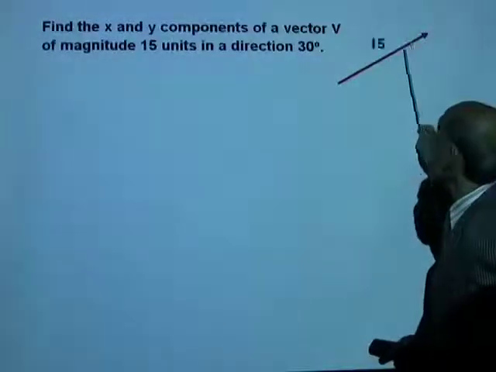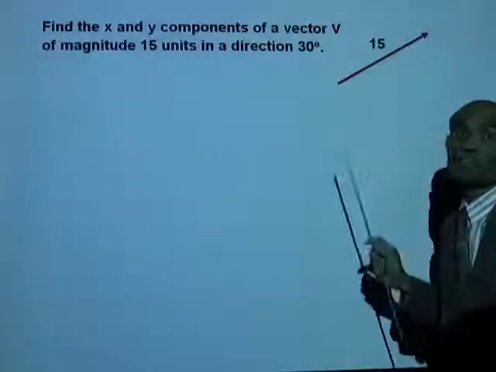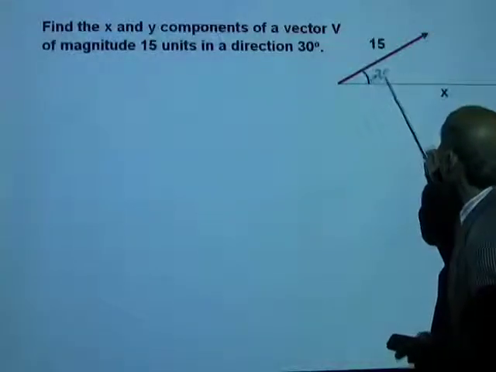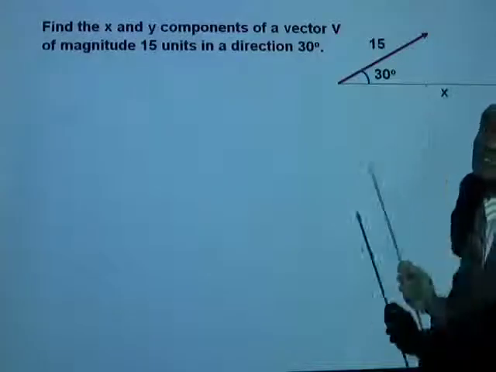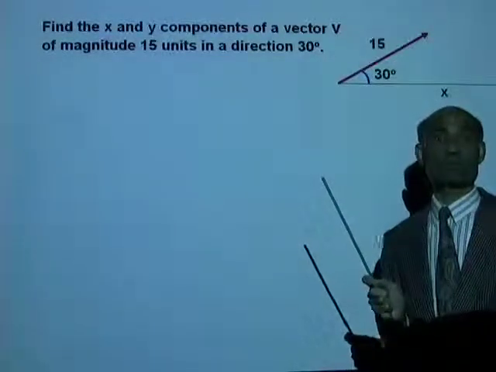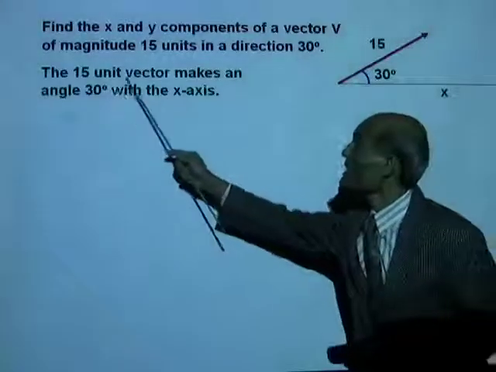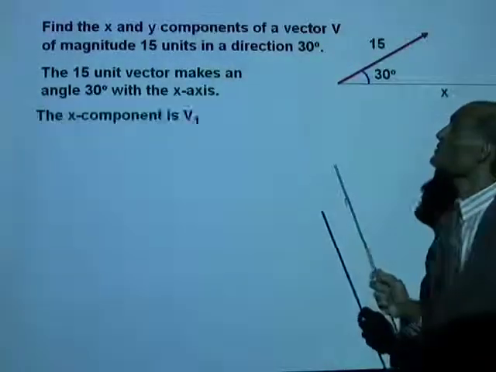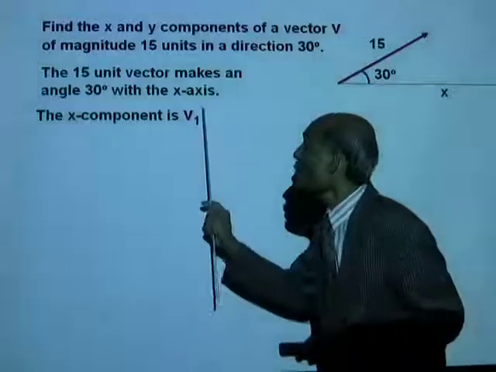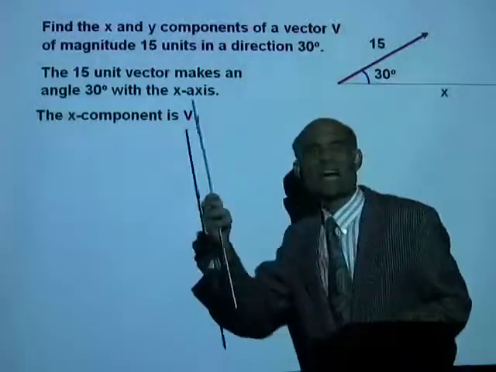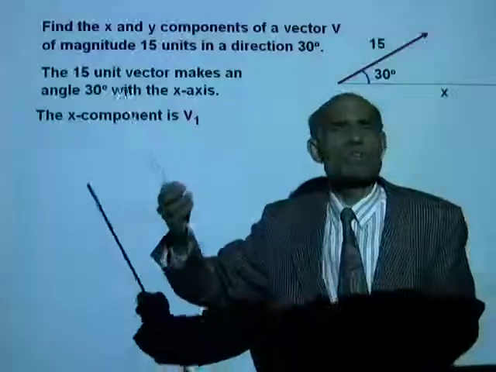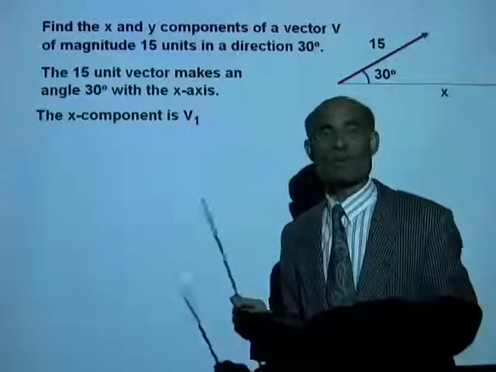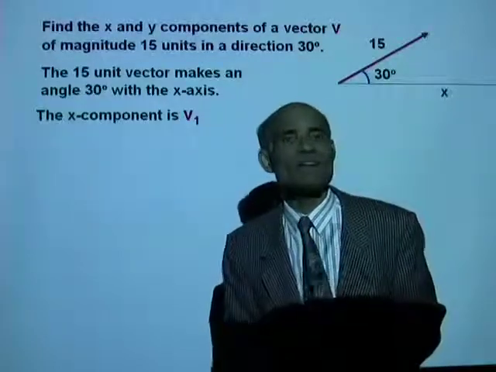This is our vector of magnitude 15 units, and it makes an angle 30 degrees with the positive x-axis. I'm going to call its x component v1. You can also call it v sub x. Let's call it v1.